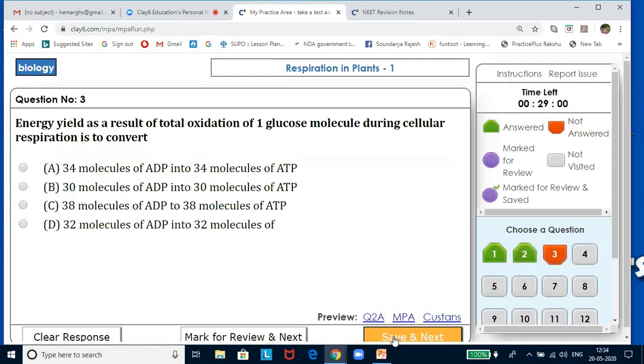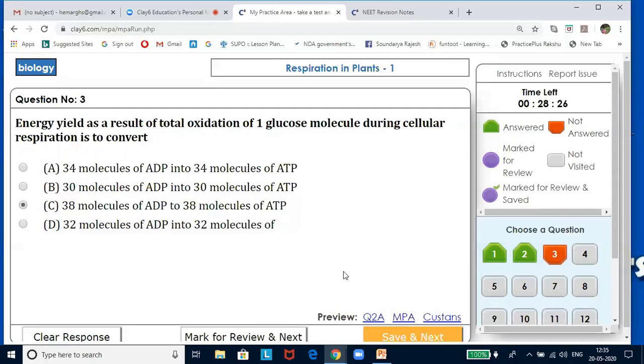Energy yield as a result of total oxidation of one glucose molecule during cellular respiration is to convert 38 molecules of ADP to 38 molecules of ATP. See, generally what happens, in some of the textbooks they might give even 36 molecules of ATP. This 38 molecules of ATP is happening in the case of prokaryotic cells.